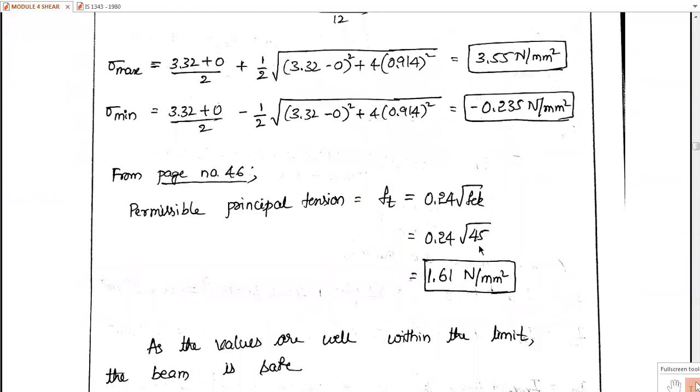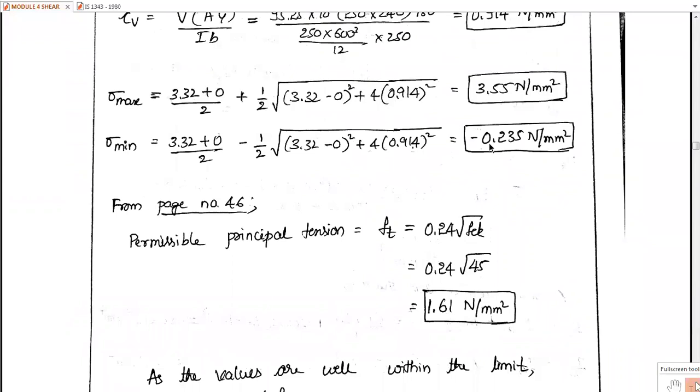In this case, 45 grade of concrete is given, so 0.24 root 45. We get it as 1.61 Newton per mm square. But the maximum value in this case is 0.235. As the value is well within the limit, the beam is safe.